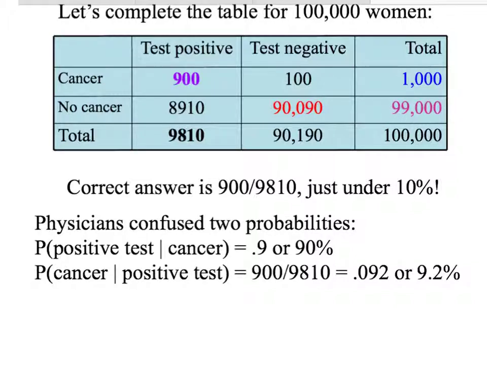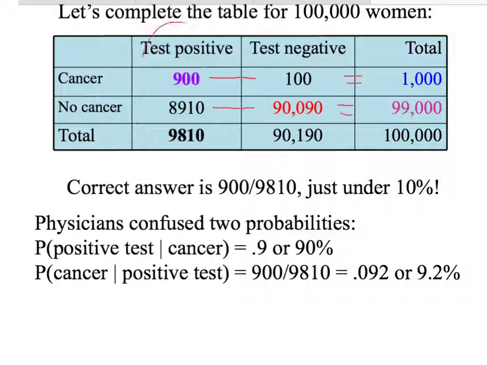If we then fill out the rest of the chart to add up, right here, 900 and 100 make 1,000, 8,910 and 90,090 add up to 99,000. And we look at the question, which says, what's the probability to have the cancer given they have a positive test?